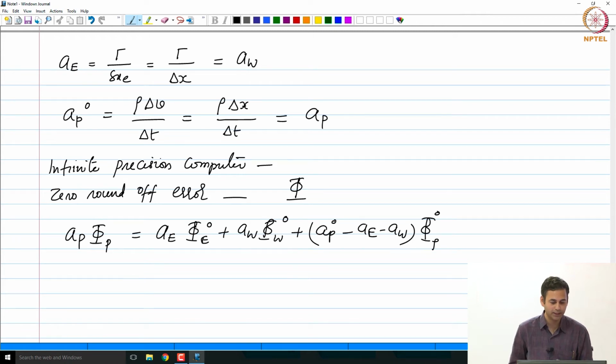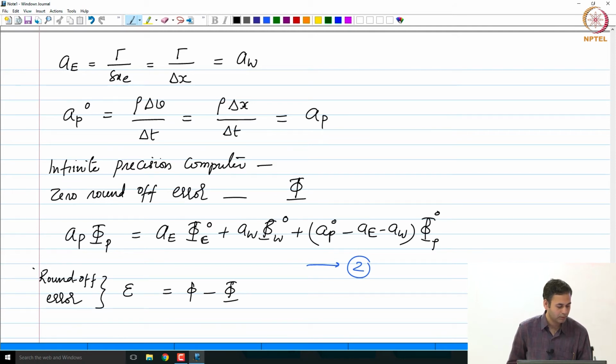So, this is basically a solution that is coming out of a 0 round off error calculation. And now, we would like to call the difference in solution between phi and this capital phi as the round off error. That is basically all the accumulated round off errors coming into play.